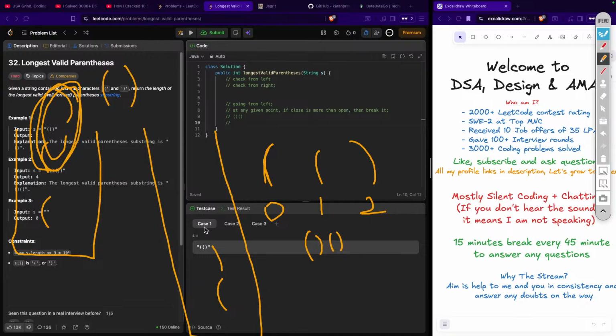So basically, if the stack becomes empty, so in this case, your stack would become empty, right? That means that whenever your stack becomes empty, whatever you had is a valid thing, right?